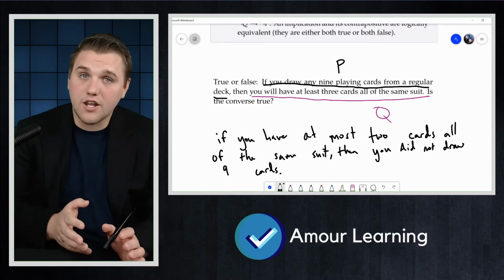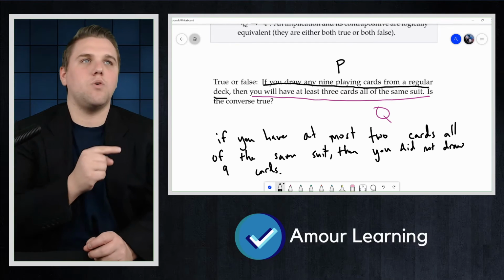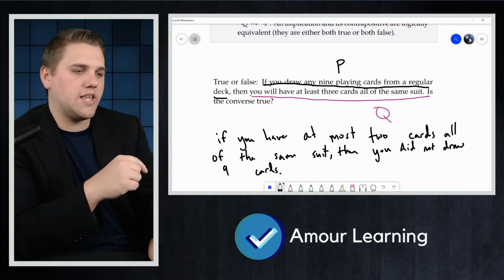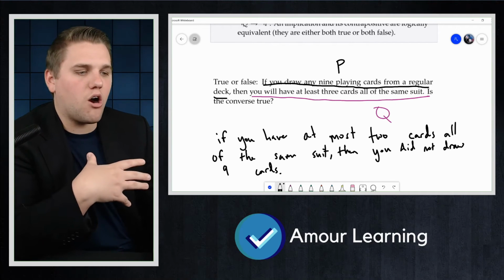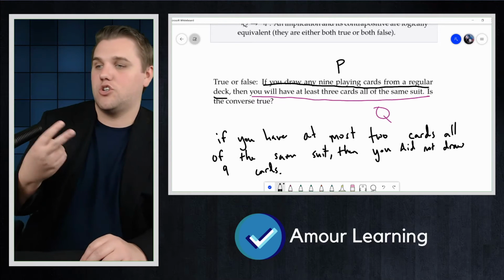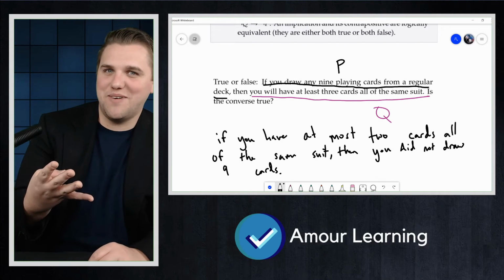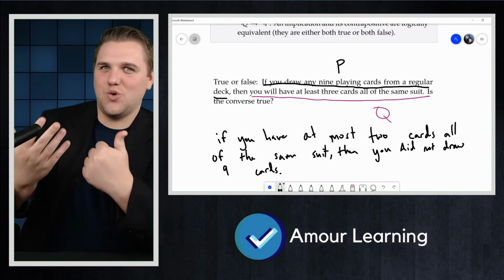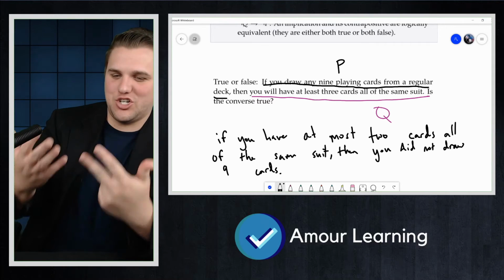This is definitely true, and it's a little bit easier to see why when we write it like this. If you have at most 2 cards, all of the same suit, then you can have at most 2 spades, 2 diamonds, 2 clubs, and 2 hearts.